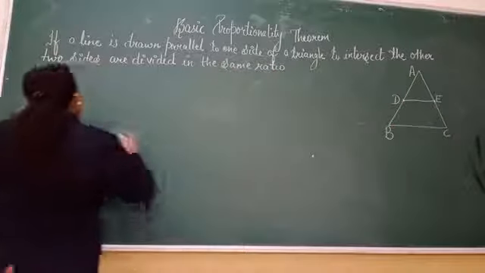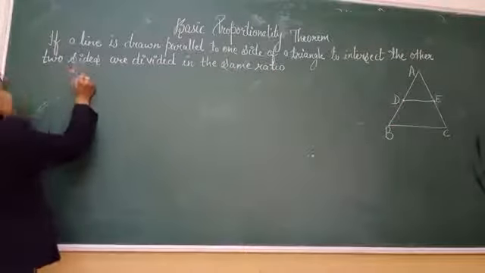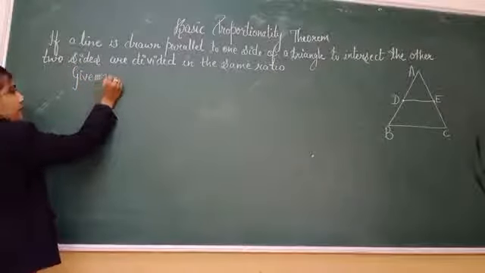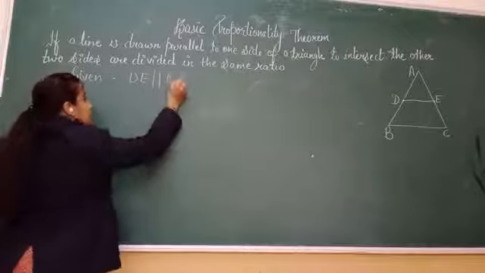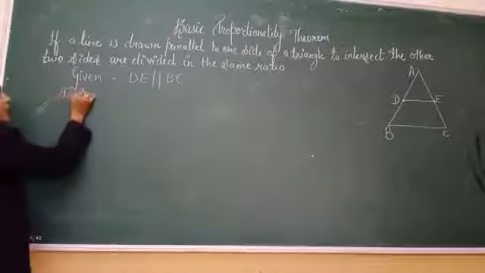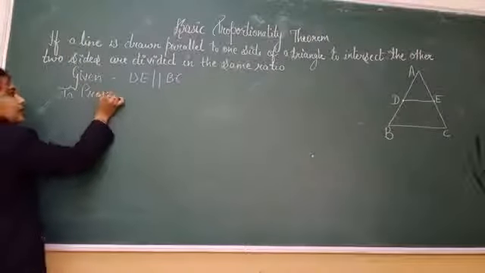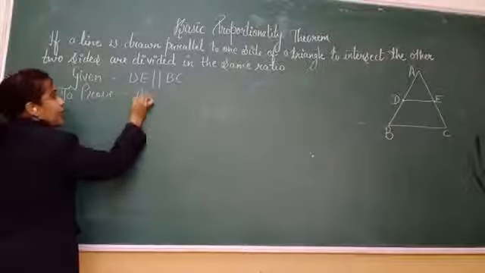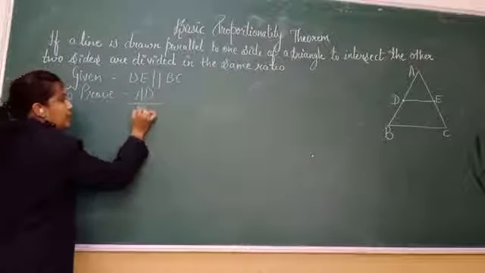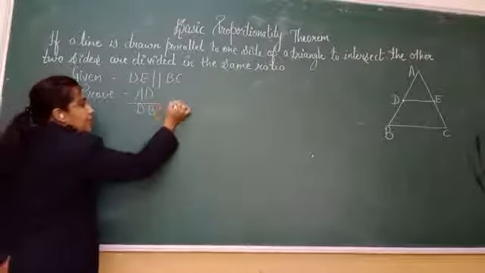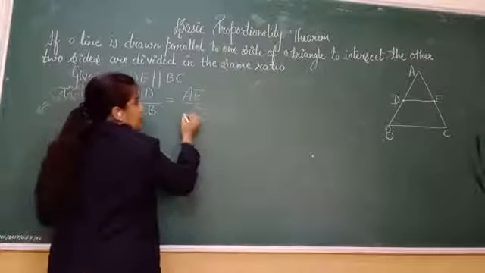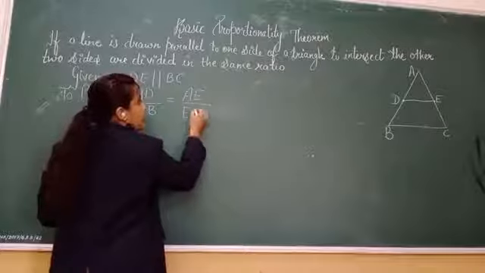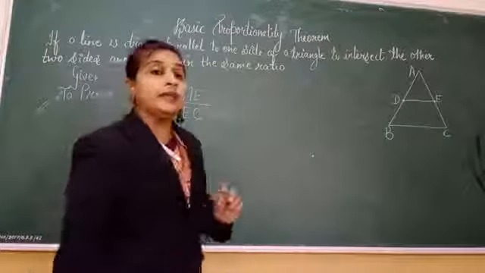It means we are given that if DE is parallel to BC, then we have to prove that AD upon DB is equal to AE upon EC.